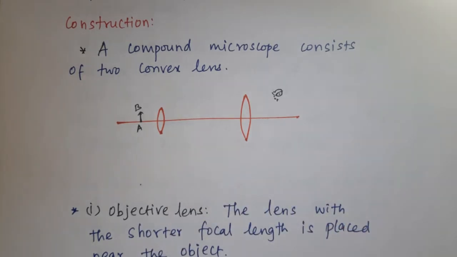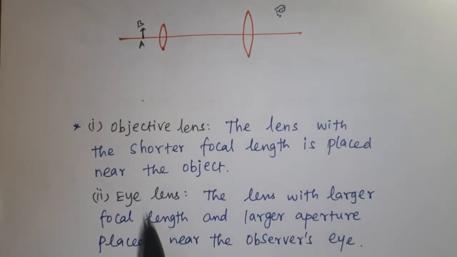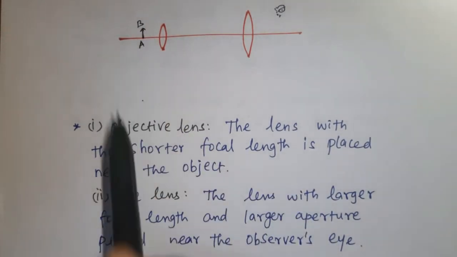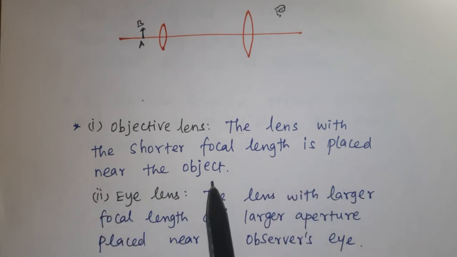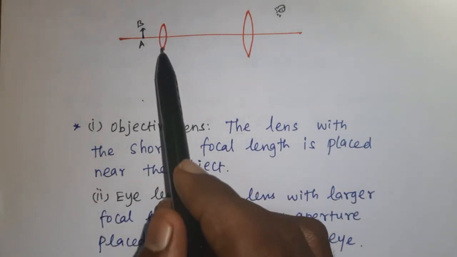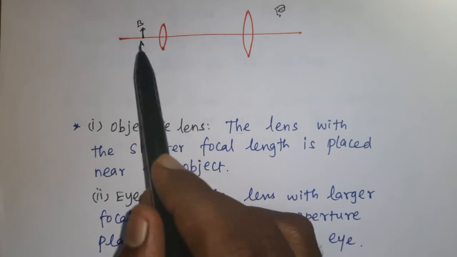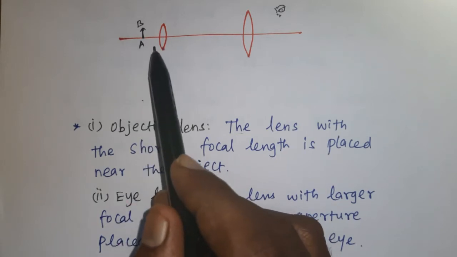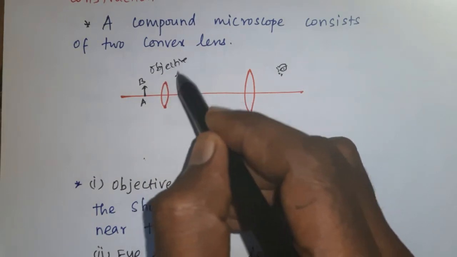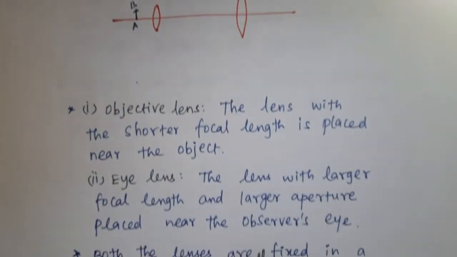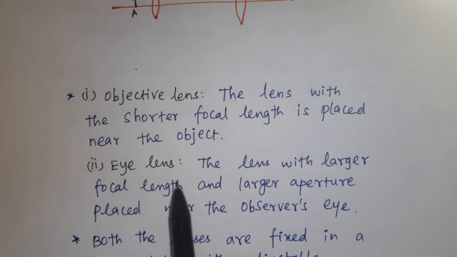So we'll see the points on how to write. First one, the objective lens. The lens with the shorter focal length is placed near the object. Hence it is the objective lens. Then the second lens is the eye lens, or you can say eyepiece.